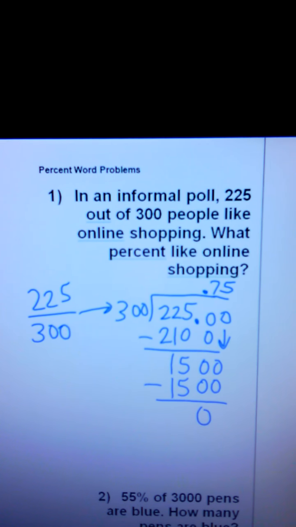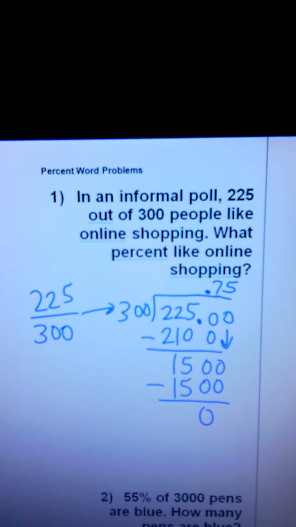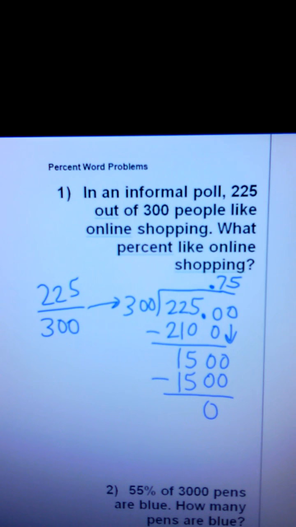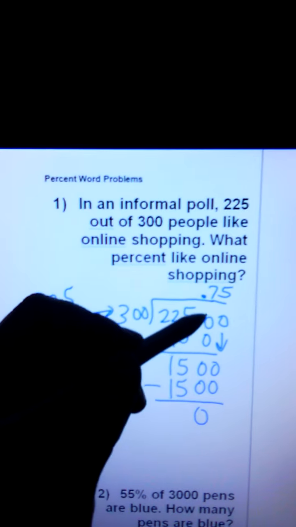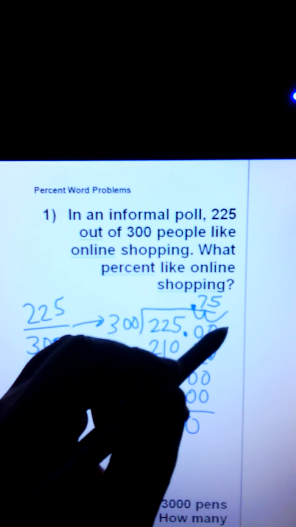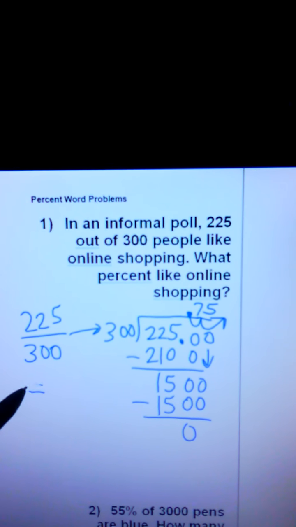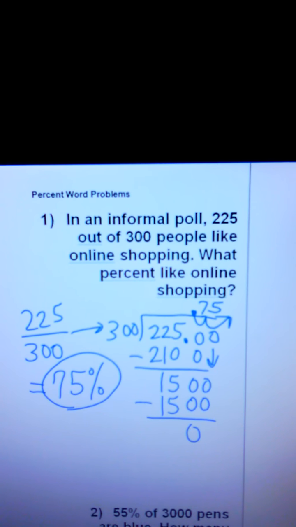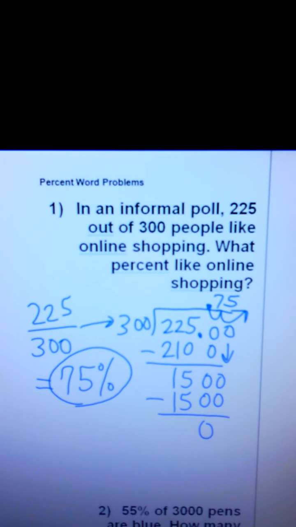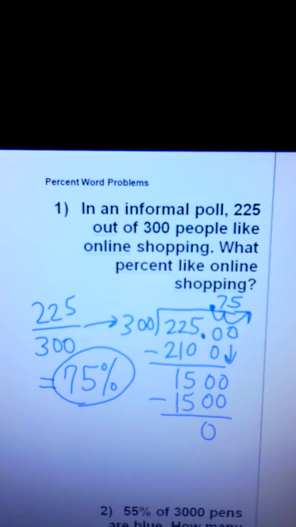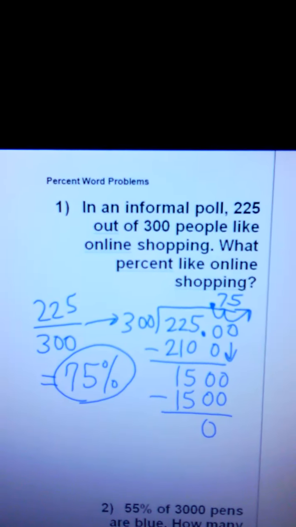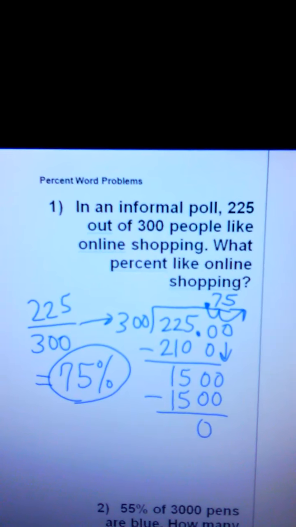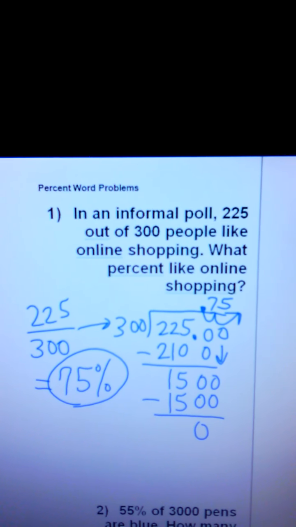Now, since we are looking for the percent, we need to move our top decimal point 2 places to the right. Therefore, the percent of people polled who like online shopping is 75%.